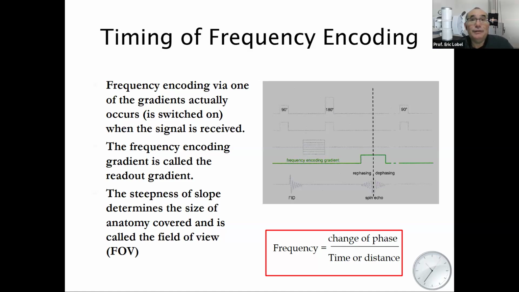When the magnetic field is higher, the signal goes up. When the NEX is increased, the signal goes up, not very dramatically, and it takes a lot of time to do so. So bandwidth is one part of signal to noise, how broad or how narrow the frequencies that we accept from the echo are, one of the many parts I mentioned that play a role in the overall signal to noise.